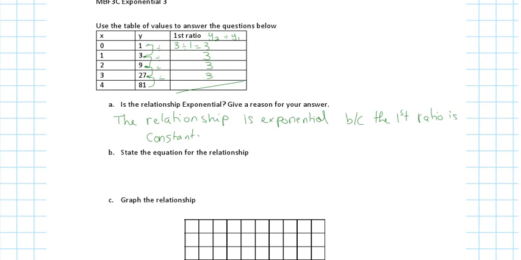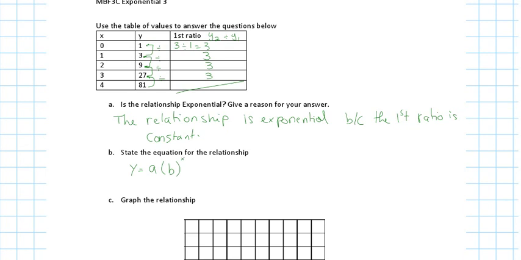So what would be your exponential equation? Let's start, because it's exponential, let's write the general form. What's the general form? y equals a times b to the power of x.